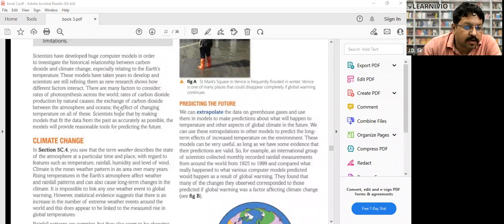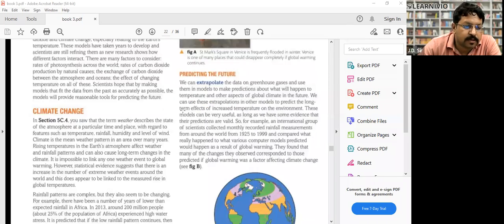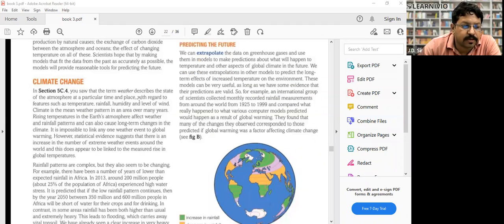There are many factors to consider: the rate of photosynthesis across the world, the rate of carbon dioxide production by natural causes, the exchange of carbon dioxide between atmosphere and oceans, the effect of changing temperature, and all that. Scientists hope that by making the models fit data from the past as closely as possible, the models will provide reasonable tools for predicting the future.